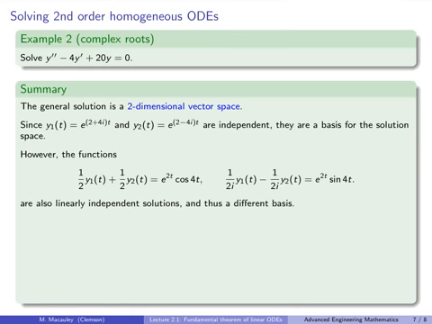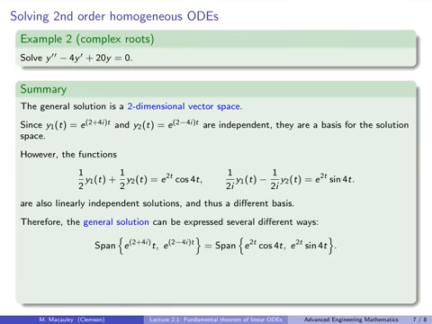These are linearly independent, and therefore they are a basis as well. Therefore, the general solution can be expressed several different ways, either as the span of this basis of complex exponentials, or the span of e to the 2t times cosine and e to the 2t times sine.